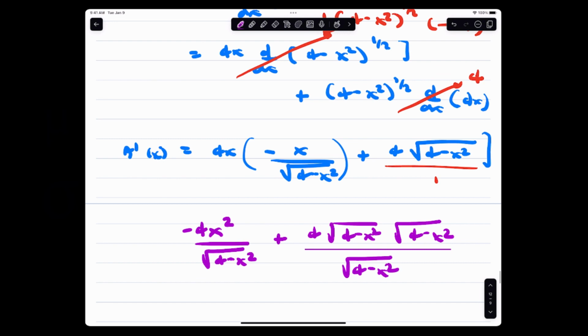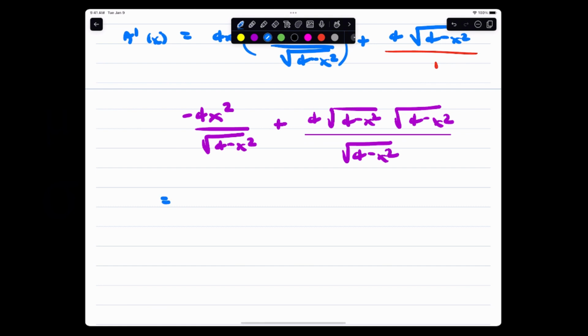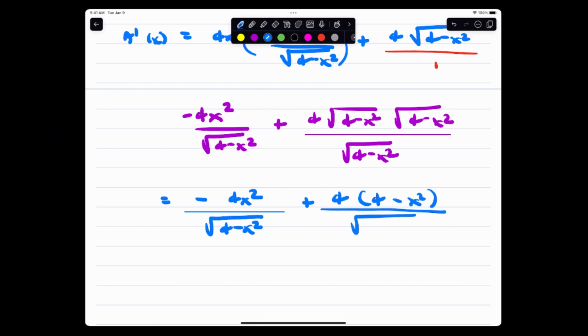So it's all going to be here then. Okay, so now that's good. So then now, ladies and gentlemen, here we go. Negative 4x squared divided by the square root of 4 minus x squared. This will be plus what? 4 times (4 minus x squared) over that square root of 4 minus x squared.